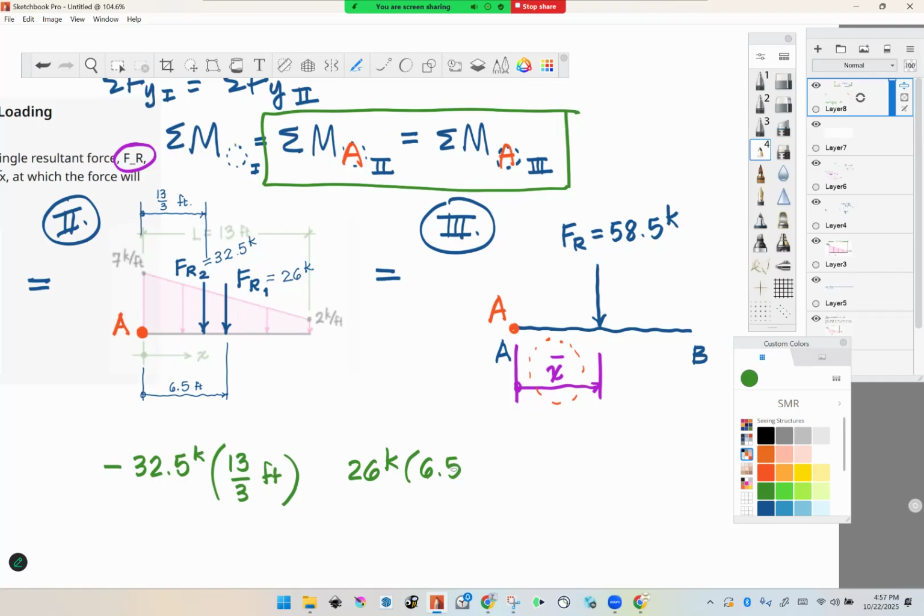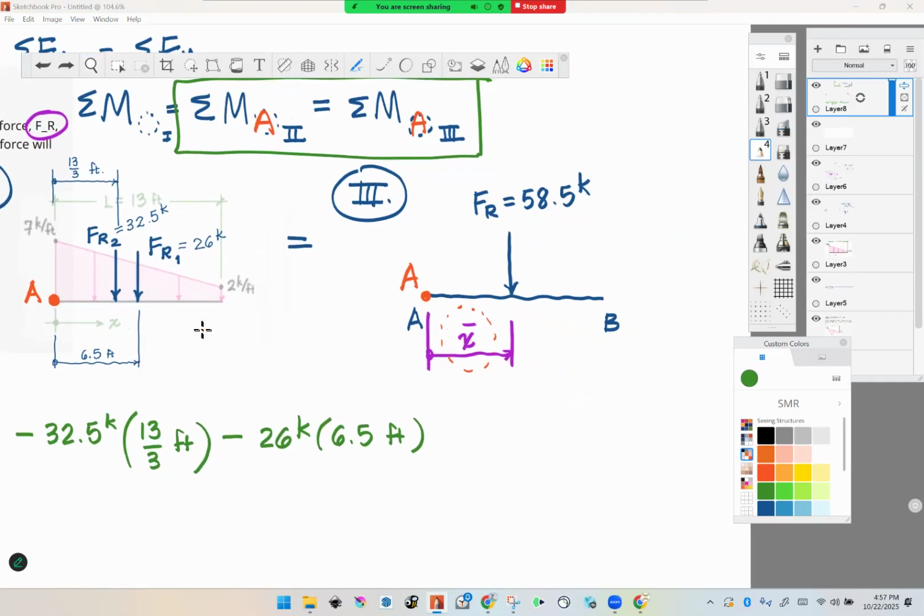That's the moment arm, and it is also negative, clockwise, with respect to rotation about A. And those are the only 2 terms. We're not setting this equal to 0 because it's not an equilibrium problem. We're talking about equivalency.